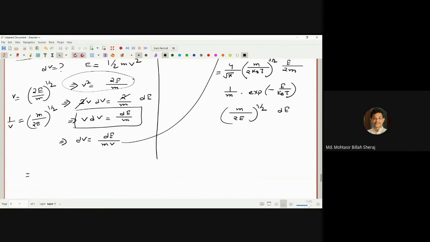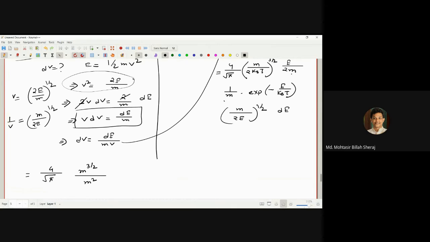Now we will simplify things. So what we have now: 4/√π m^(3/2). These m and this m, if you multiply these two, you will get 1/m².